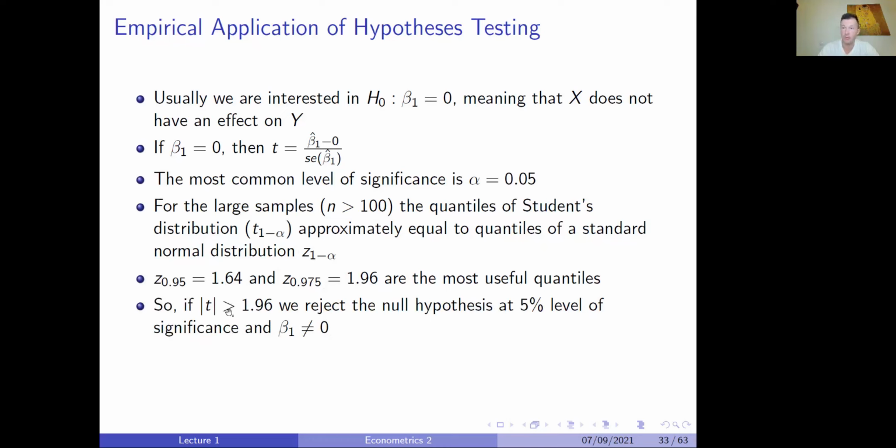And if we want to test the null hypothesis versus the two-sided alternative at 5% level of significance, then we must ensure that the absolute value of t, beta 1 hat over standard error of beta 1 hat, is greater than 1.96. In this case, we reject the null hypothesis at 5% level of significance, and we are sure that beta 1 is not equal to 0. When beta 1 is not equal to 0, x has an effect on y at the alpha level of significance.